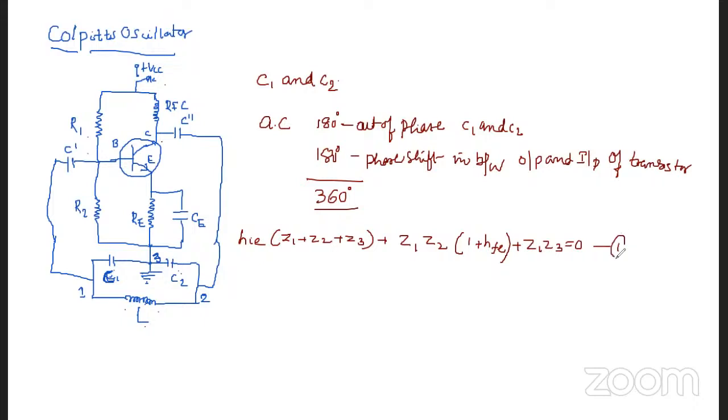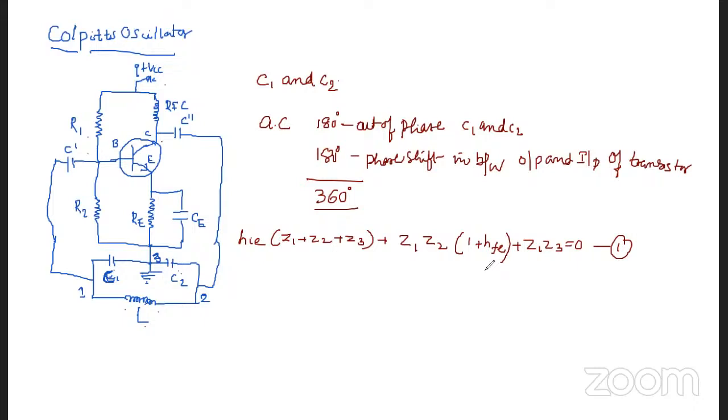So this is the equation which we can get with the help of the equivalent circuit of this Colpitts oscillator. Here we know that Z1, Z2 and Z3 are the impedances, which are either capacitive impedances or inductive impedances.